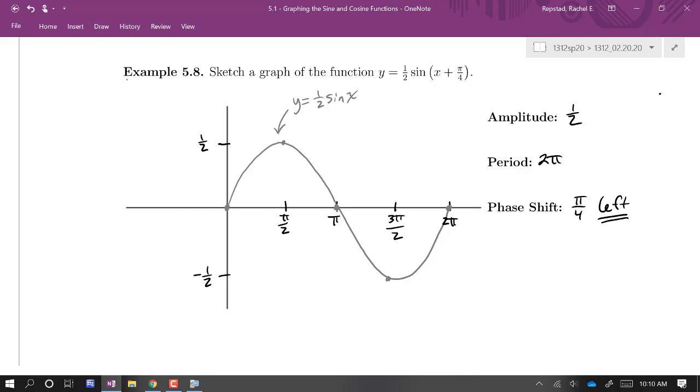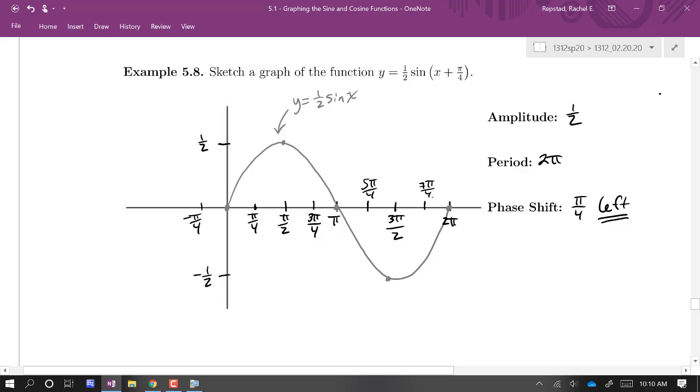The first one here is at 0, so that will be negative pi over 4. If I move the pi over 2 back, I'm at positive pi over 4. At pi, we're at 3 pi over 4. Moving 3 pi over 2 back, we're at 5 pi over 4. Moving 2 pi back, we're at 7 pi over 4.